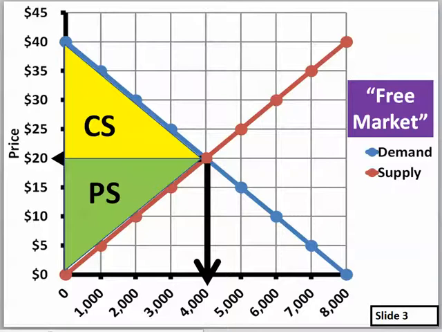Producer surplus, the green PS, is the extra profit that some producers would have made or could make because they were willing to accept a lower price than what the equilibrium price was set in our perfectly competitive market. So that we understood.